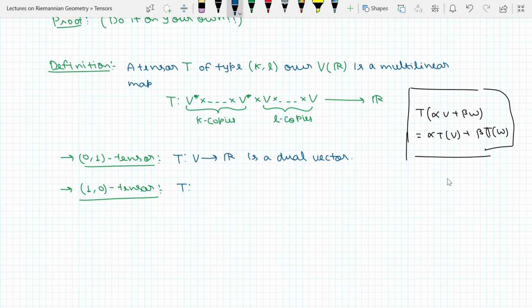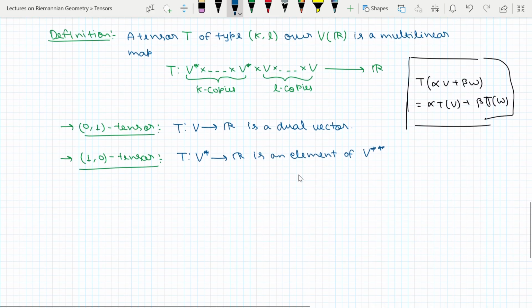What is a 1-0 tensor? Now a 1-0 tensor will have 1 copy of V star and 0 copies of V. So what is this? This is an element of what?